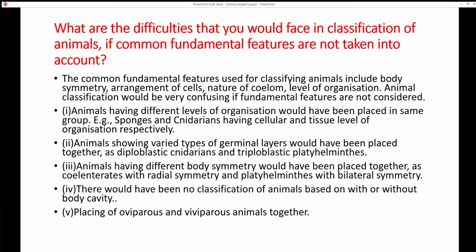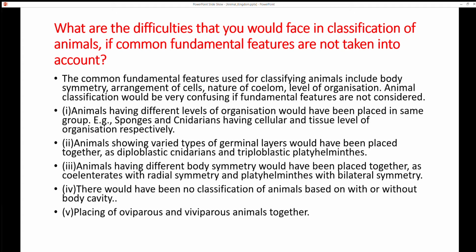Before entering into the individual class or phylum, you have to describe or write these. The first point is animals having different levels of organization would have been placed in the same group, for example sponges and cnidarians.